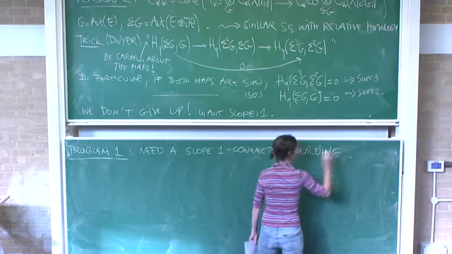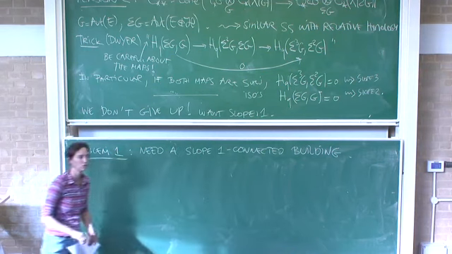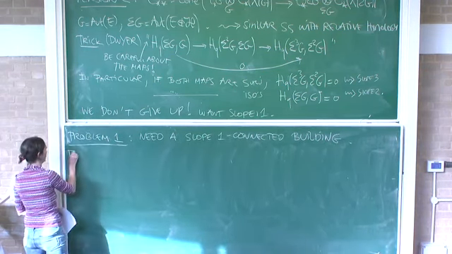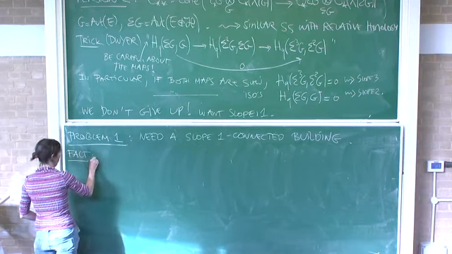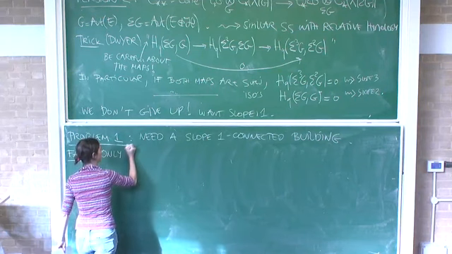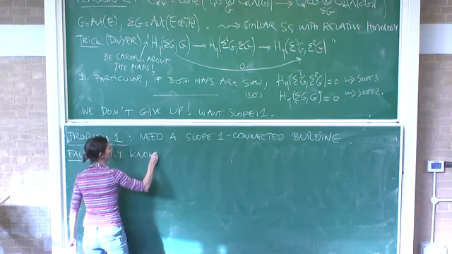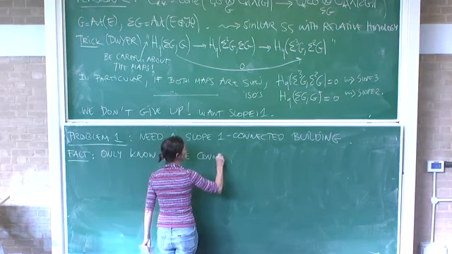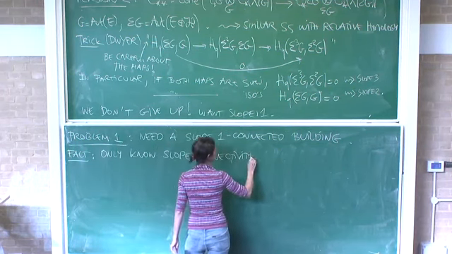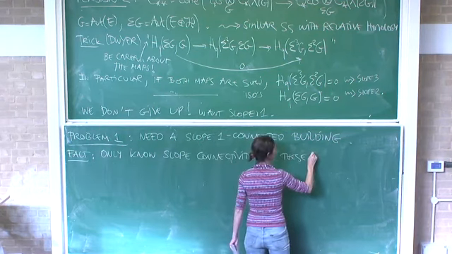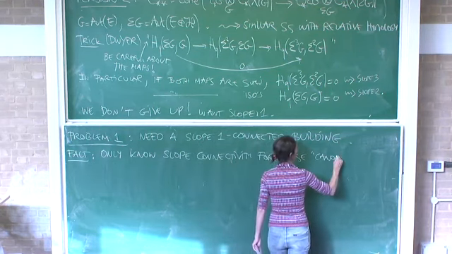Otherwise, this is totally useless. Okay, and we only know slope 2 connectivity for these canonical buildings.